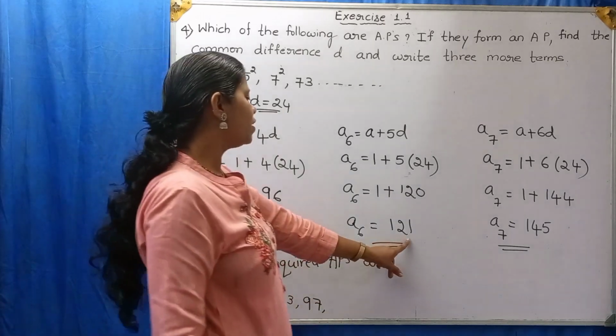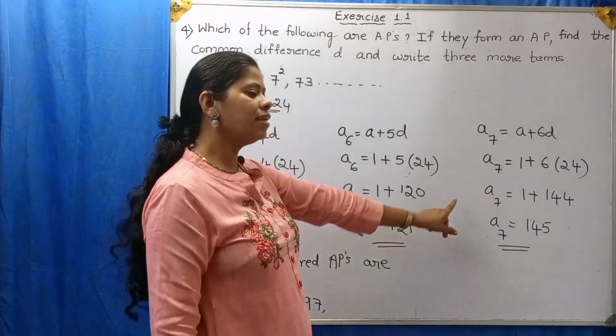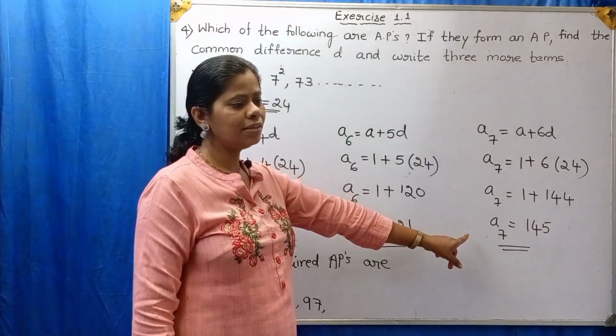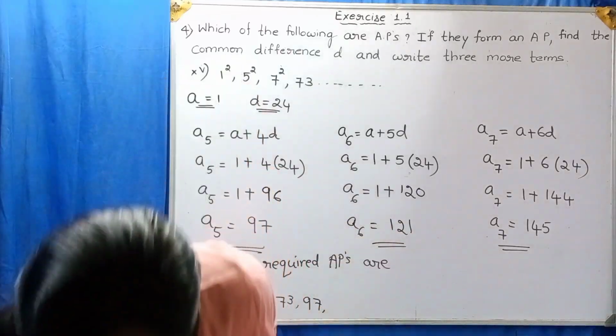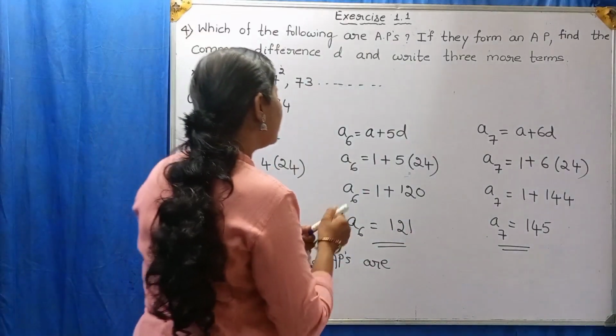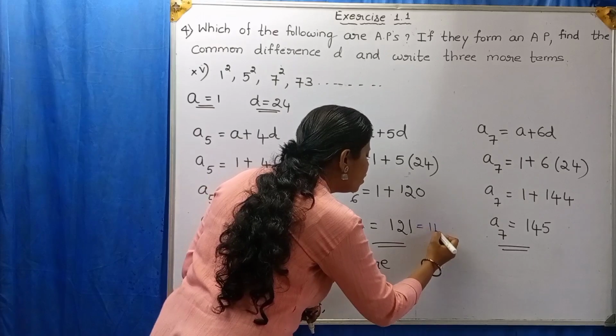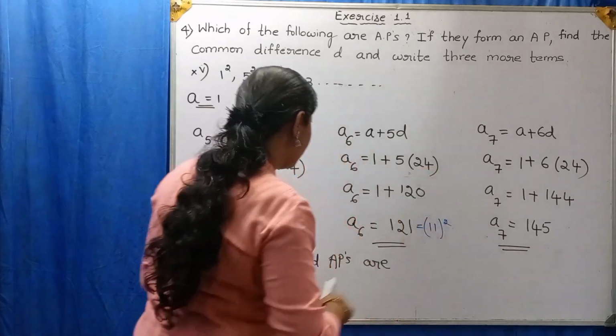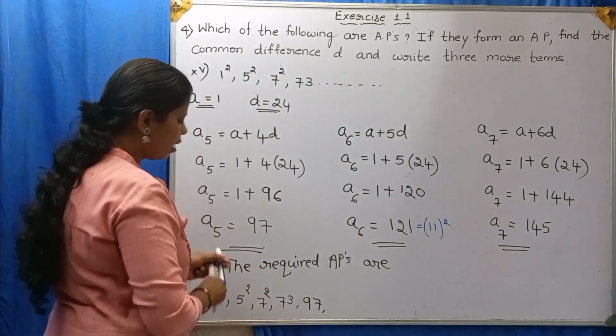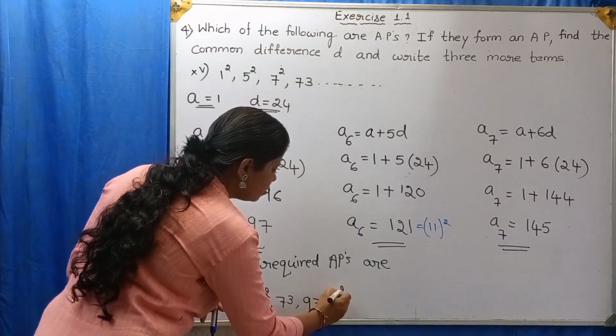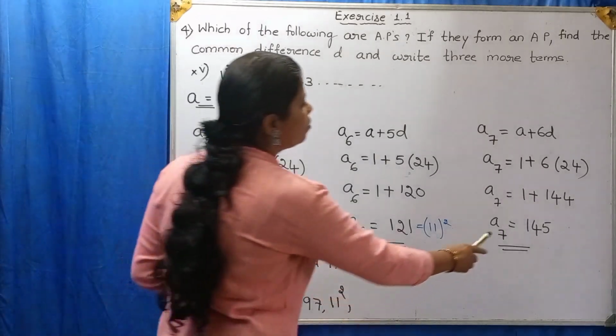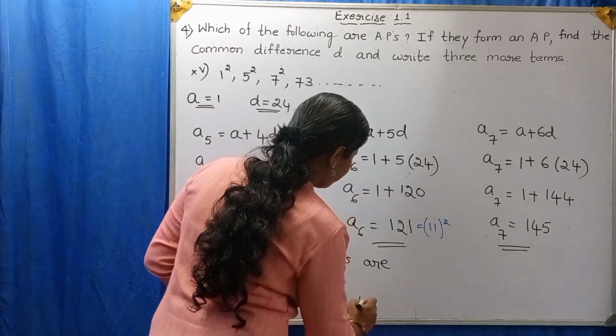Here 121 I can write as 11 the whole square, right? This 121 I can write as 11 the whole square, isn't it? Therefore, here I will write it as 11 square, then 145.